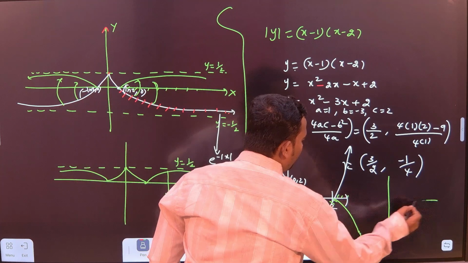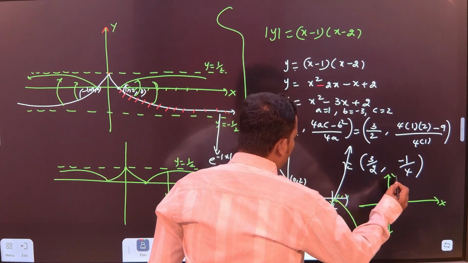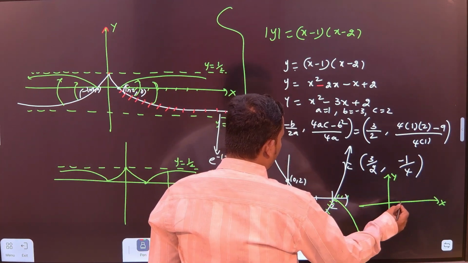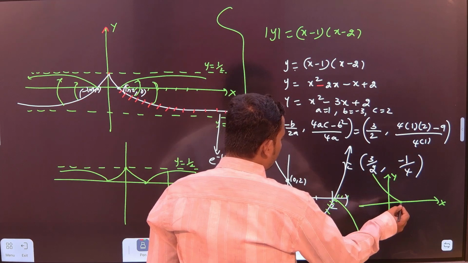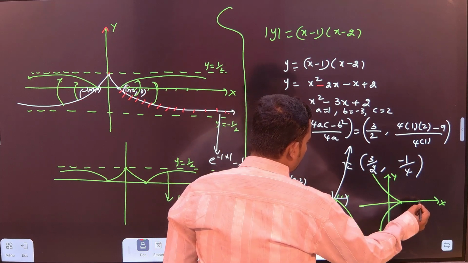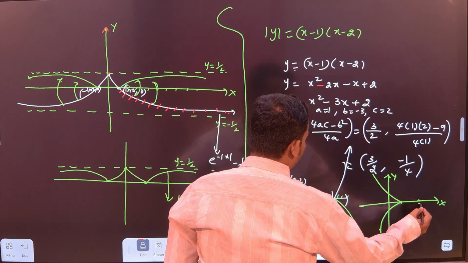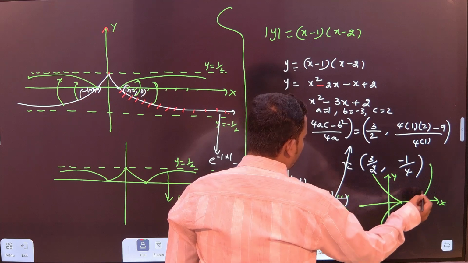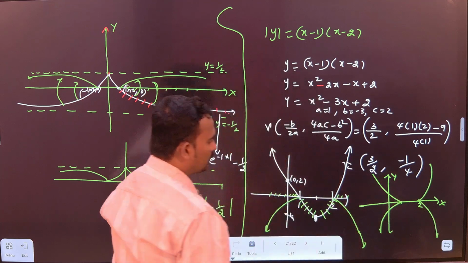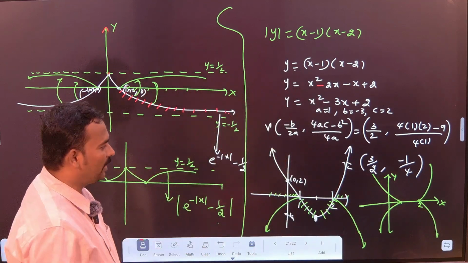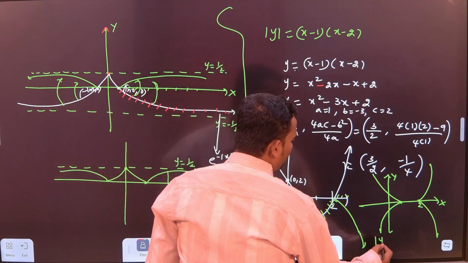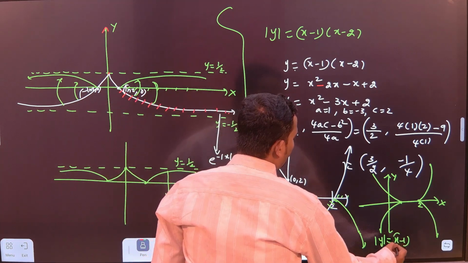If you draw roughly, this is the x-axis, y-axis. The graph is here, it's going like this. And here at 2, the graph is going like this. The image will be like this. This is your graph of mod y equals x minus 1 into x minus 2.